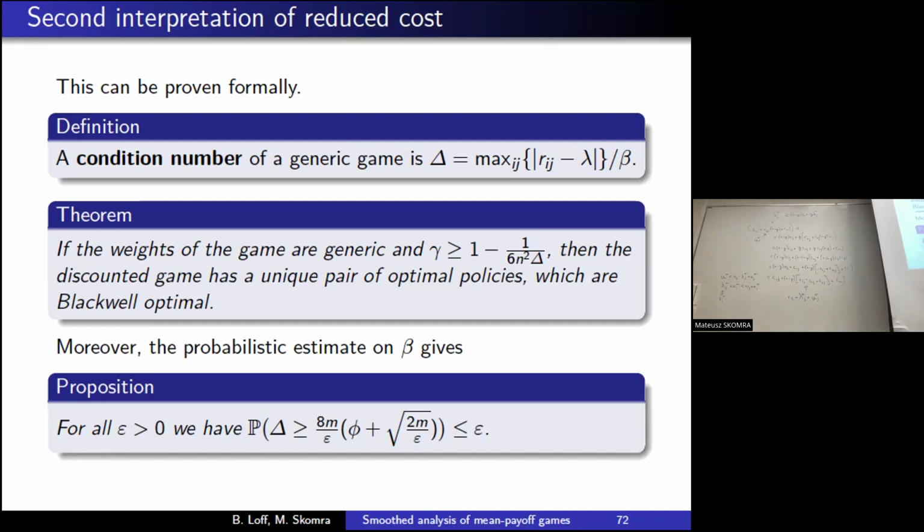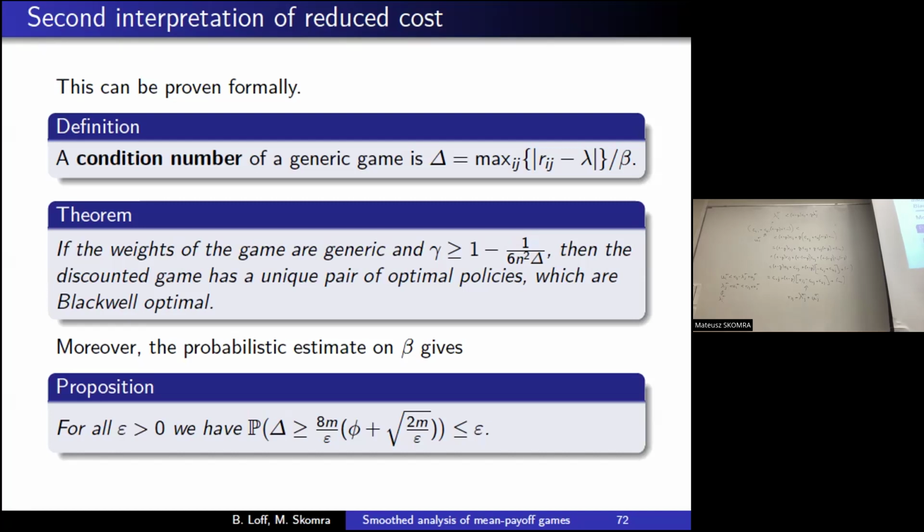And we prove that if the weights are generic and you take gamma higher than this quantity, then you are already higher than the Blackwell threshold. So what does it mean? It means that if this quantity is small, then you do not need a large discount factor to find Blackwell optimal policies.